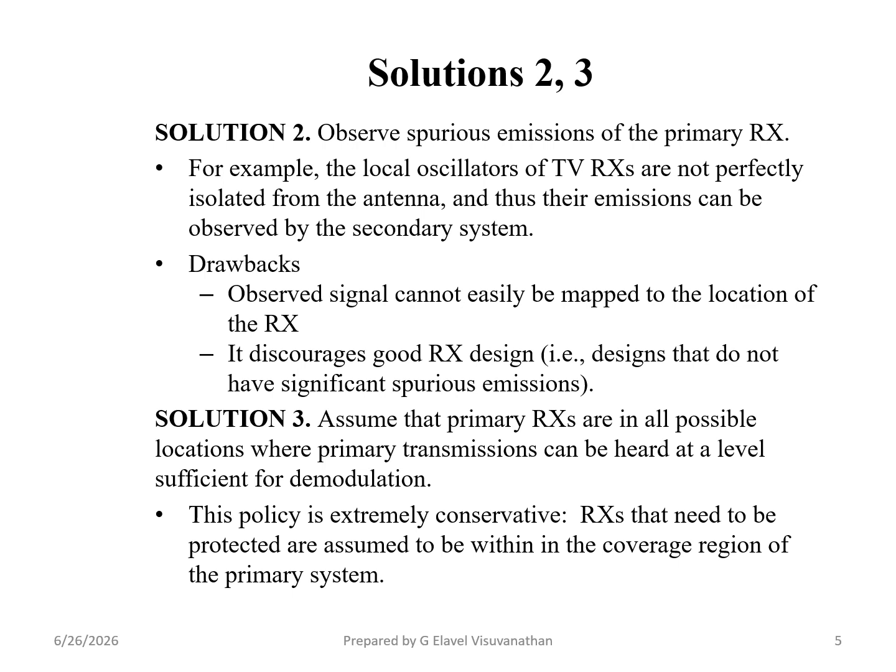This policy is extremely conservative. Receivers that need to be protected are assumed to be within the coverage region of the primary system. That was the policy. What was the policy? Receivers that need to be protected are assumed to be within the coverage region of the primary system.